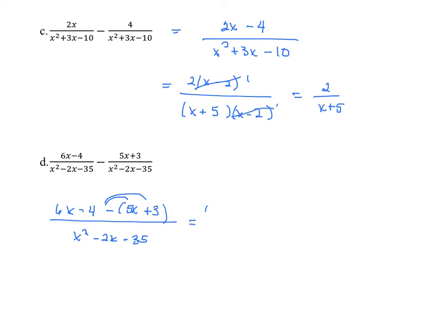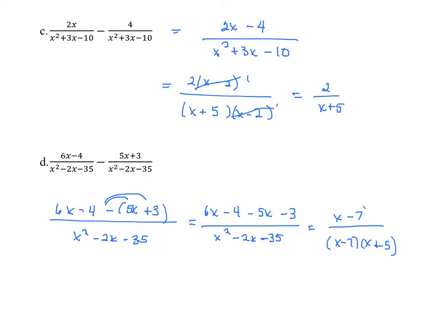So here we go, 6x minus 4 minus 5x minus 3, because I'm changing my signs. So we're going to combine like terms, so we get x minus 7 on the top. And in the denominator, we're going to factor, we get x minus 7 times x plus 5.